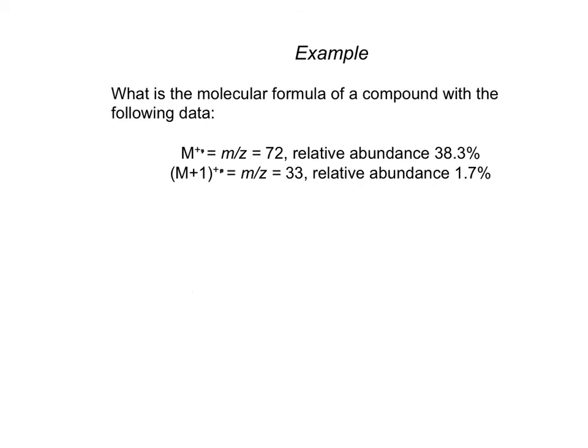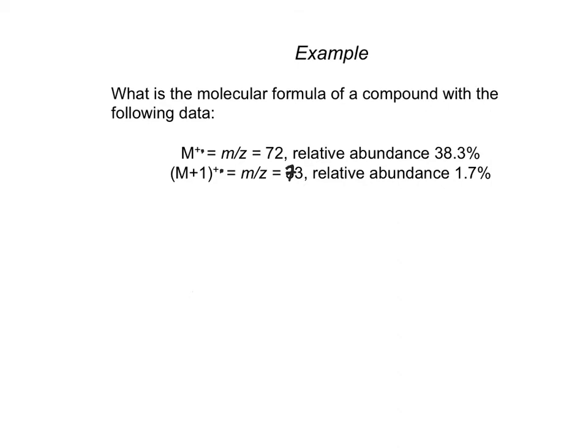What they tell us here, this is a typo, this is supposed to be a 73, is the molecular ion has a mass to charge ratio of 72 and a relative abundance in the mass spectrum of 38.3%. The M plus 1 peak has a mass to charge ratio of 73 and a relative abundance of 1.7% in the overall mass spectrum peak, okay?